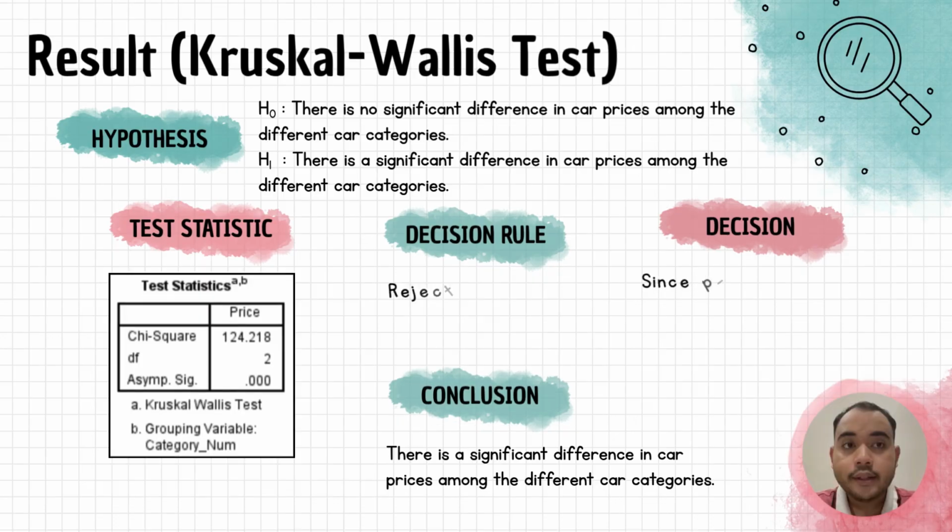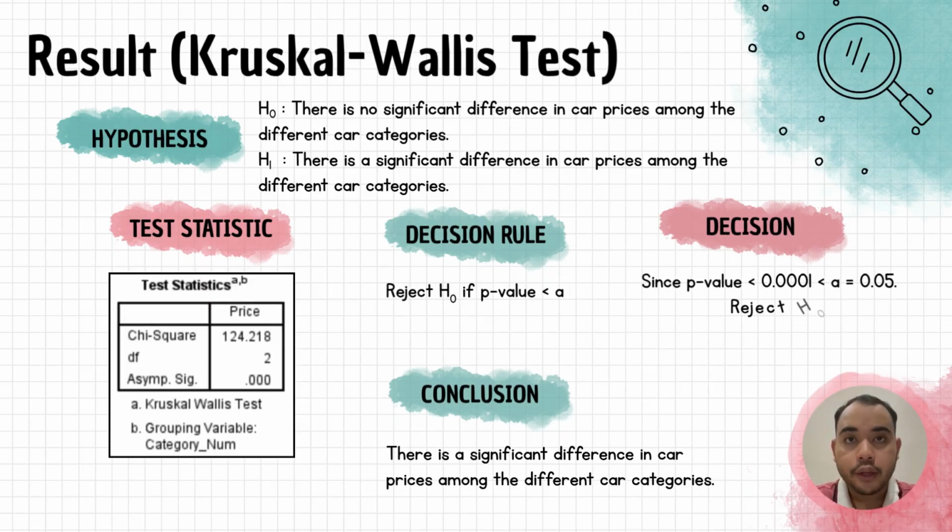Next, look at the result for the second objective using the Kruskal-Wallis test. The null hypothesis states that there is no significant difference in car price among the different car categories, while the alternative hypothesis states that there is a significant difference in car price among the different car categories. Look at the test statistic.